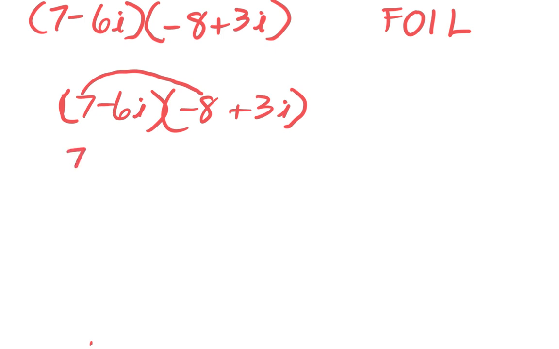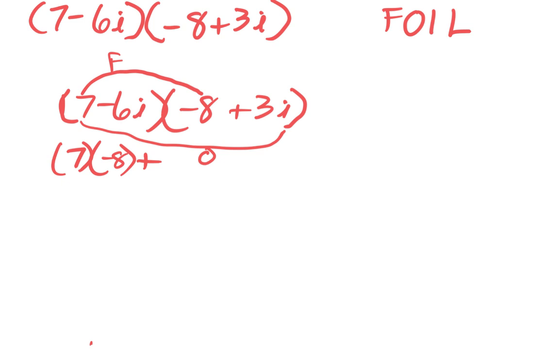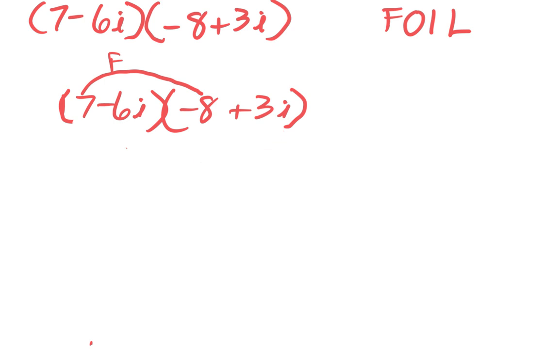I'll put my F up there because that's the first terms, and my outside terms, I'll put my O there. I do want you to be able to see where I'm doing my outers and inners. Okay, so for the F, I'm going to put 7 times negative 8. That's the F.